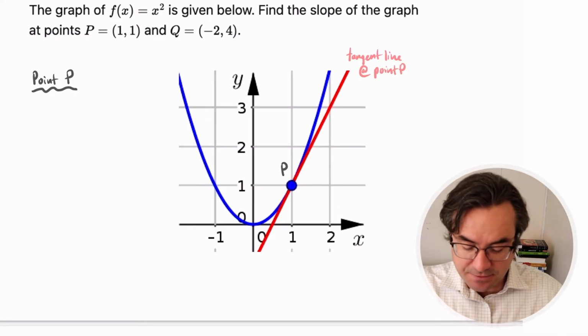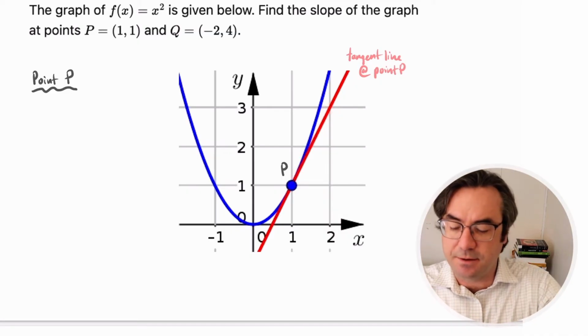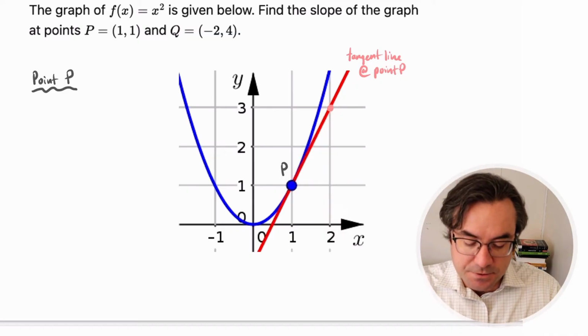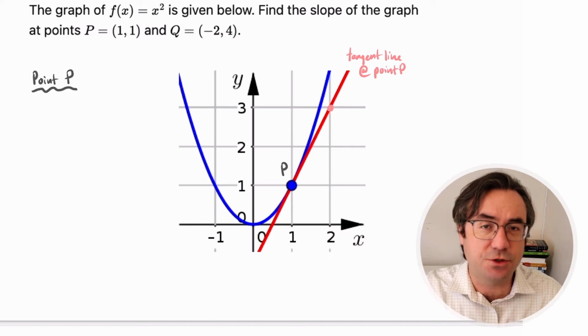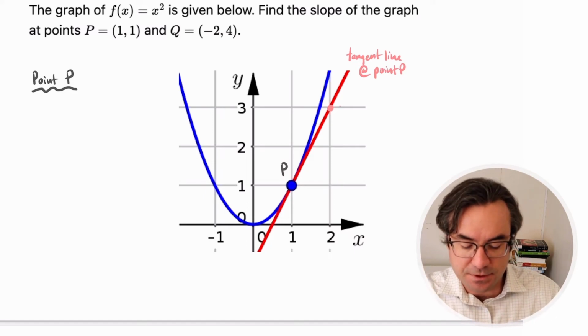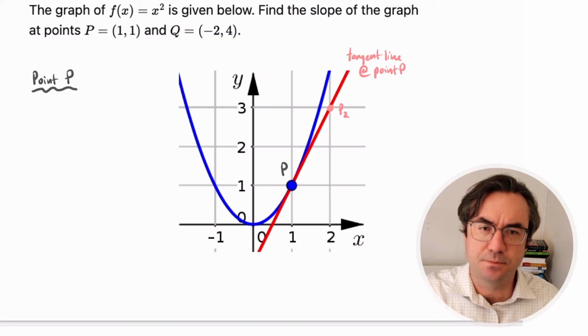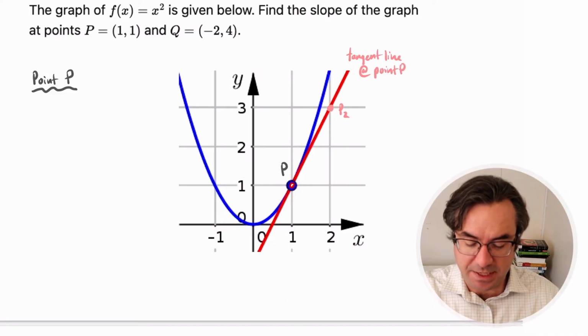In this case, if we keep going, we find an easy to read point right there. This point doesn't sit on our actual curve, it sits on this tangent line. So let's call this one P2, the second point we're going to use, related to point P.